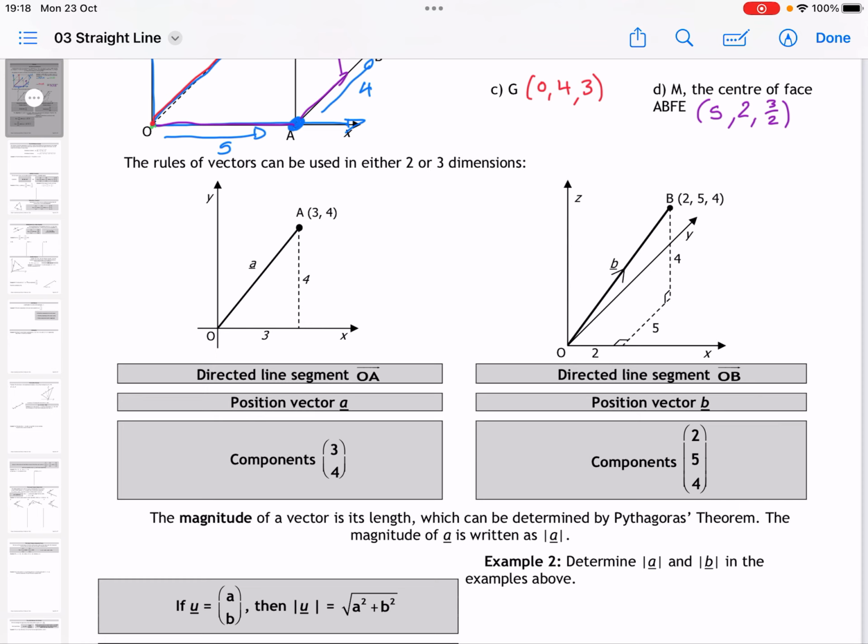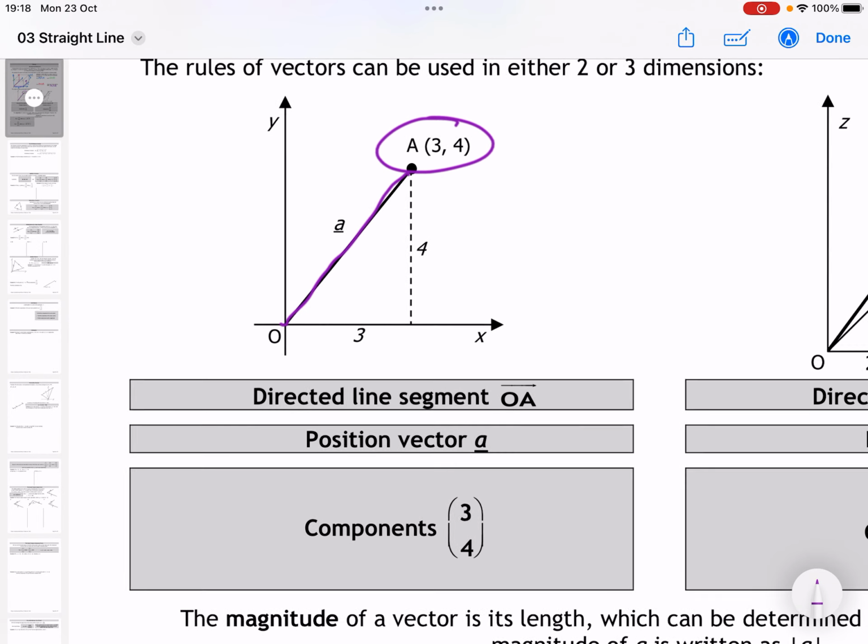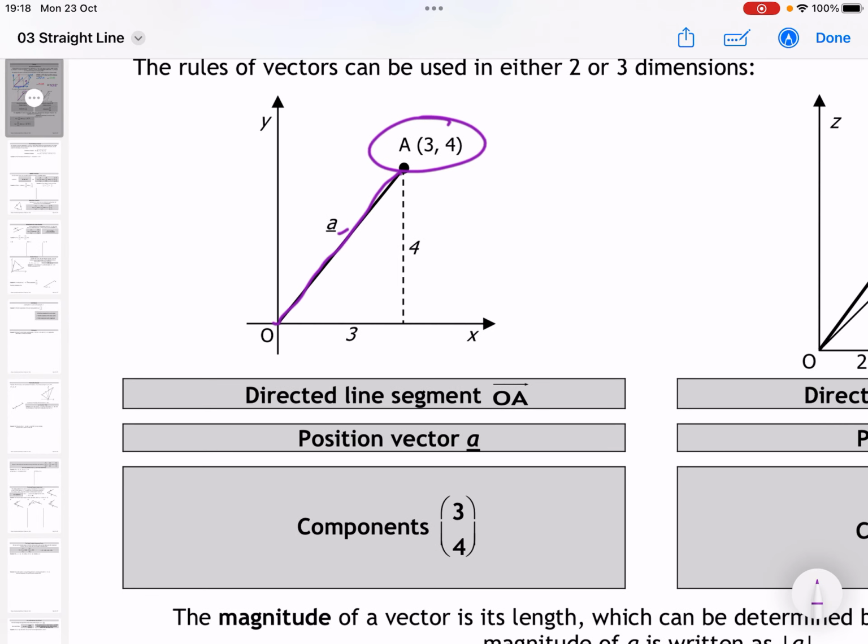So for A, on our one, I think we're now using purple pen. A, which is 4, 3, or A bar as we've called it here, is our vector, because we're going from the origin to A. So we call that vector OA, and we use the wee arrow above it to show what direction it's going in.